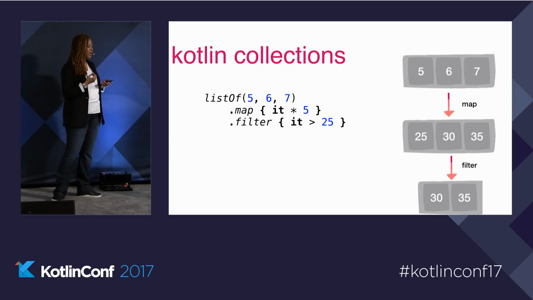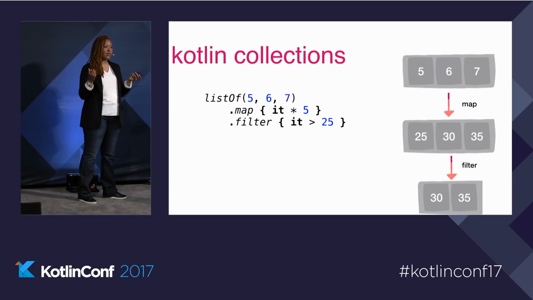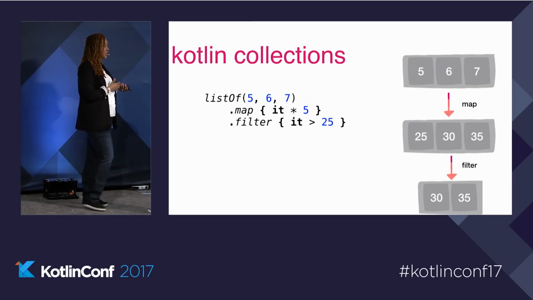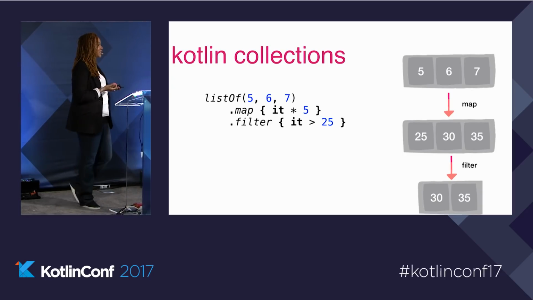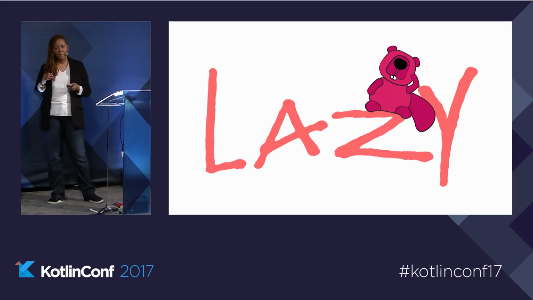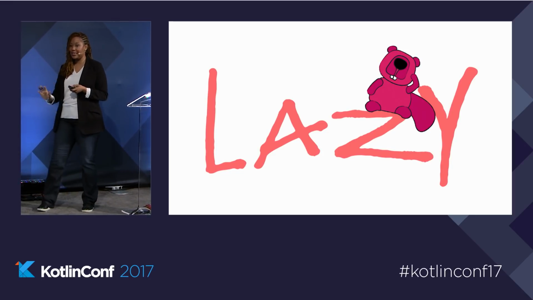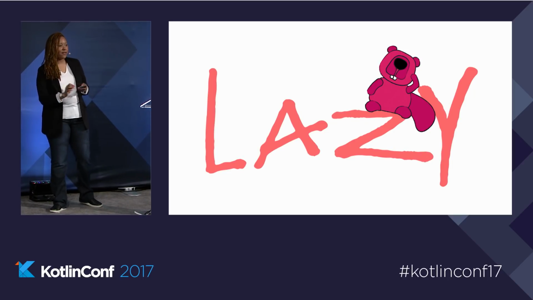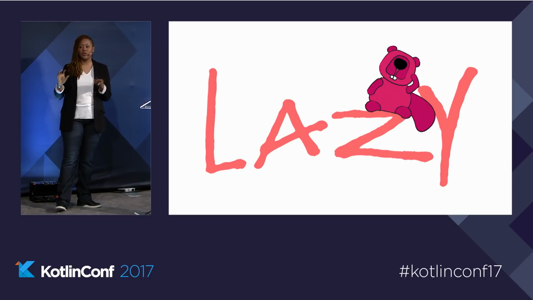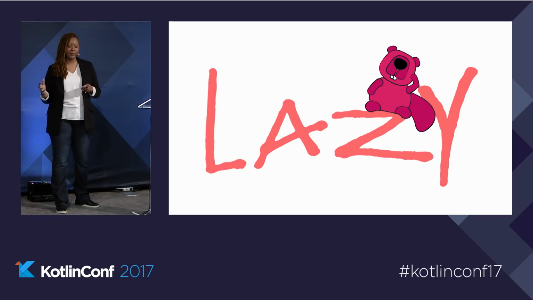So the key takeaway here is that we're having extra overhead by running these commands on our collections, and also they're taking place in a blocking synchronous manner. But RxJava observables are, for the most part, lazy. And so they don't have this extra overhead, and they also have the ability to execute in a non-blocking way.